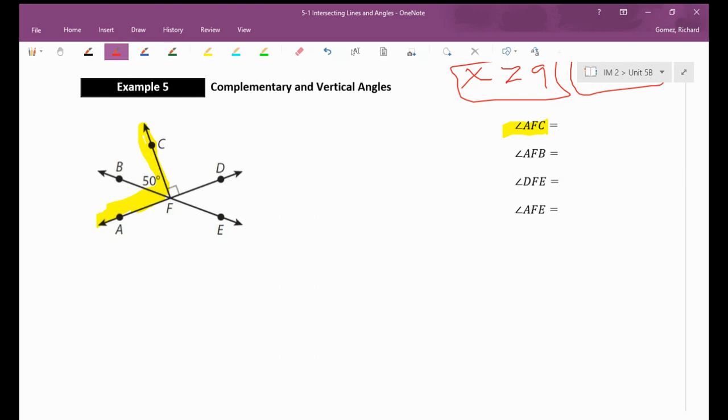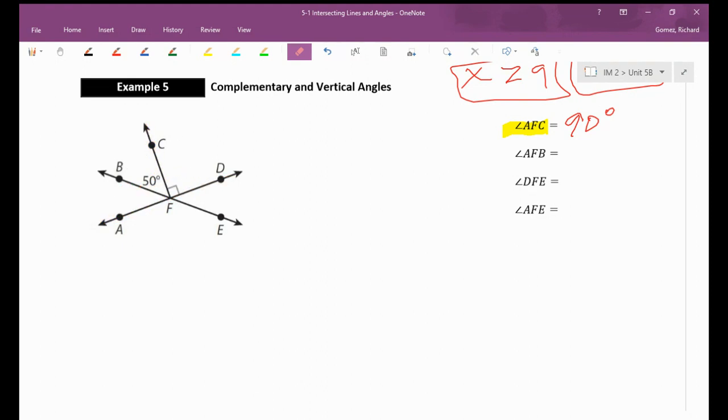We can see that it forms a perfect straight line, line AD, and if this is 90 degrees here, and it's a whole 180 together, that means that this is also 90 degrees. So this is an easy one from what we see here. Let's erase all this.